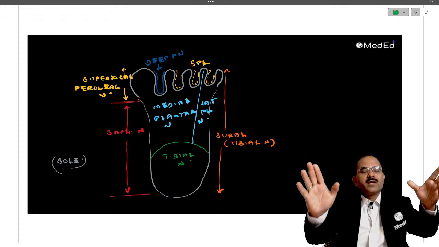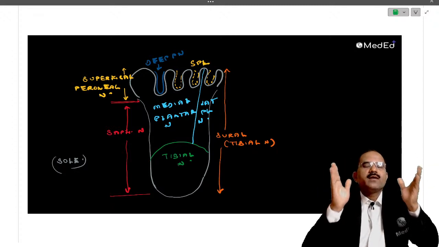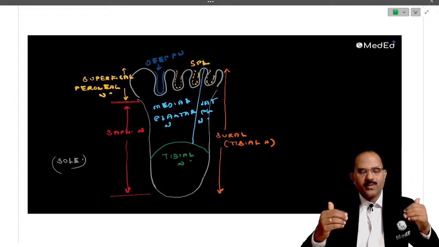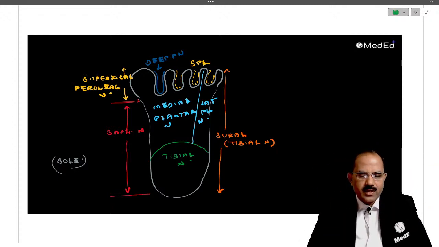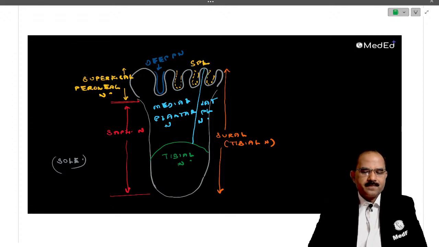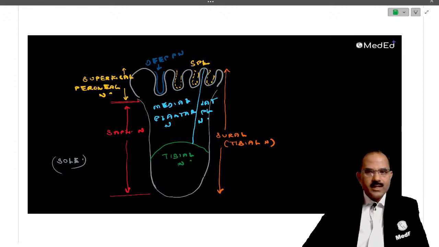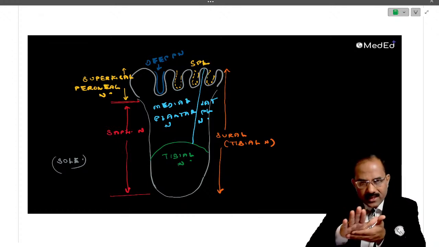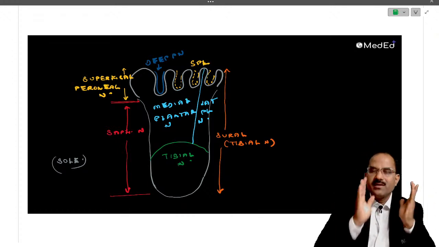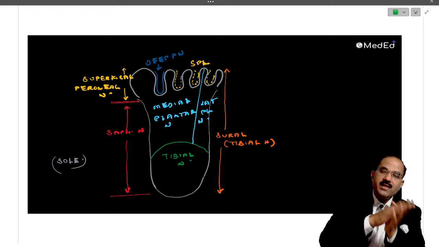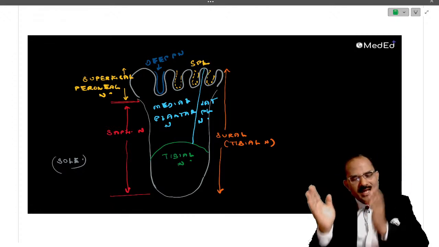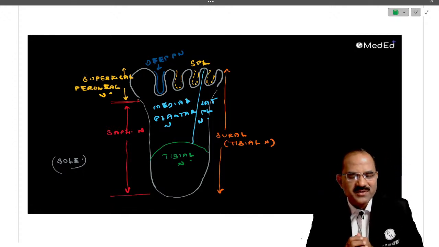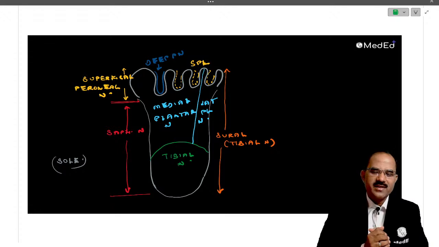This is clear? Any doubts? If it's not clear, you just let me know. The tibial nerve supplies the heel; 3.5 fingers on the medial aspect are supplied by the medial plantar nerve, and 1.5 fingers on the lateral side by the lateral plantar nerve. I hope this is clear.